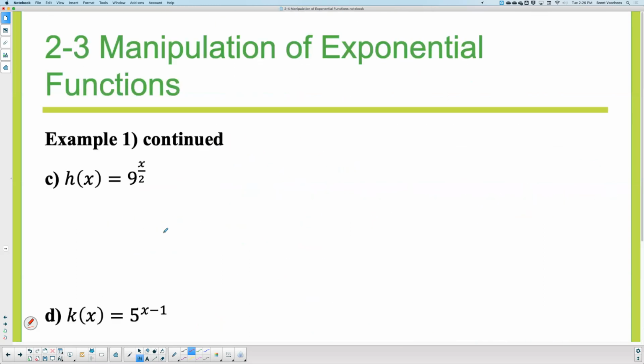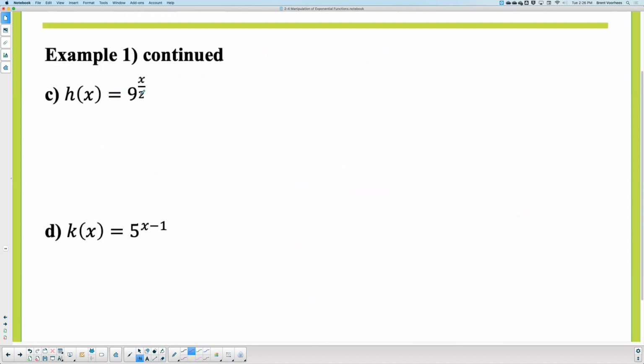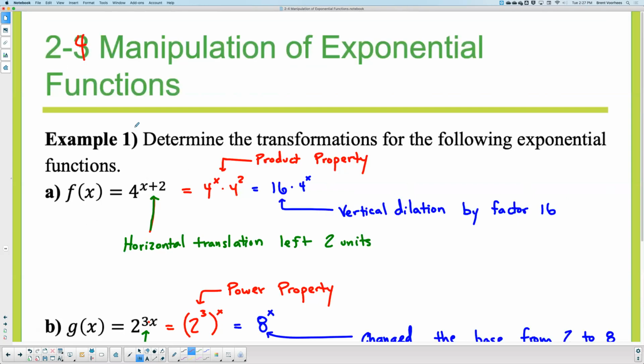All right, let's look at part C here. What's different this time about my power? My power is a fraction or a quotient. So we'll have to go see how is it written. When your power is a fraction, I want you to go find that one. So look at your rules. What do we do if your power is a fraction?